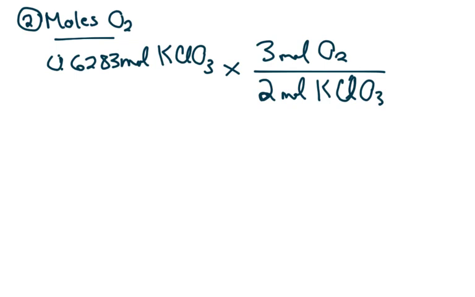Becomes a simple math exercise. 0.6283 times 3 divided by 2 tells us that we will produce out of this 0.94245 moles of specifically O2. So now once we know how many moles of O2 we have, we can do our last step, which is finding the mass of O2.